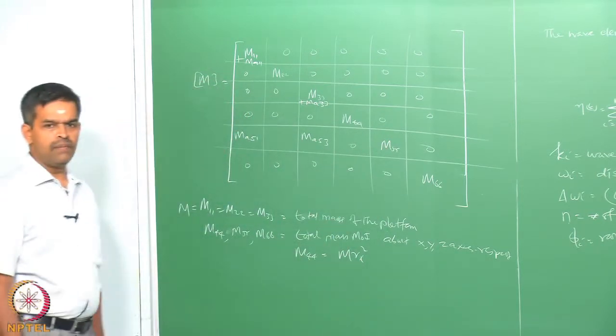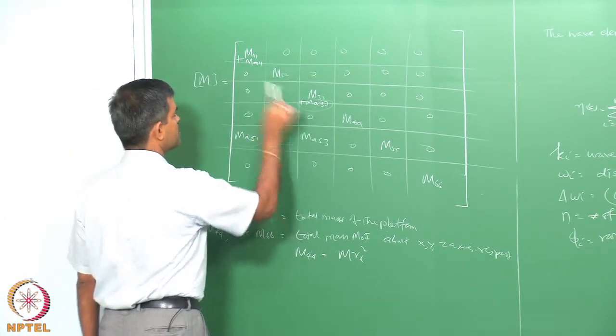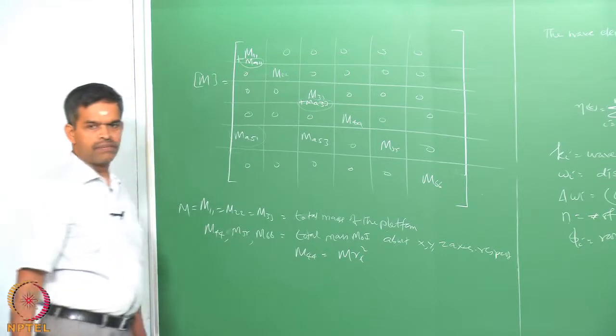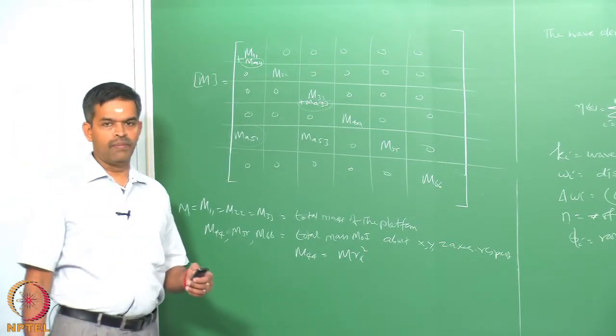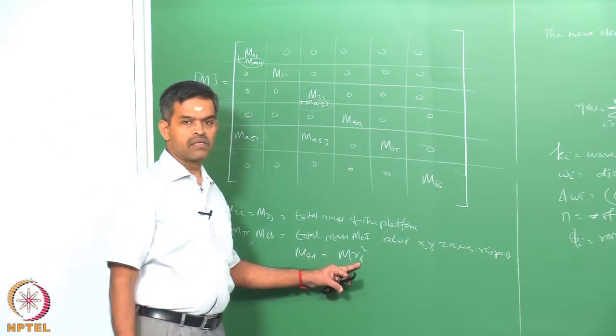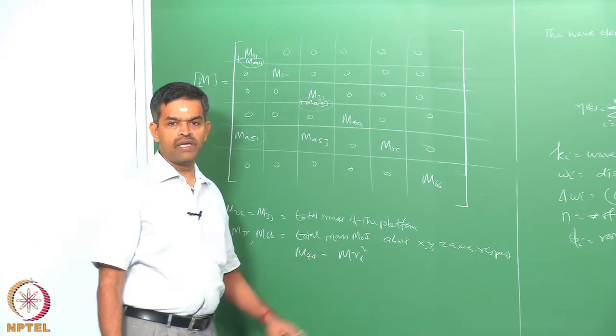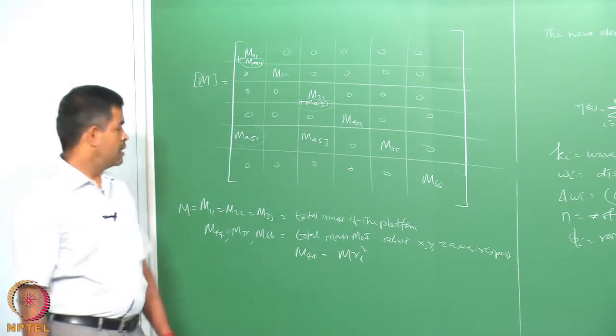So, one can see here the additional mass matrix terms essentially arise because of the variable submergence effect on the given problem. Rxx or Rx, Ry and Rz are radii of gyration about the respective axis x, y and z respectively.